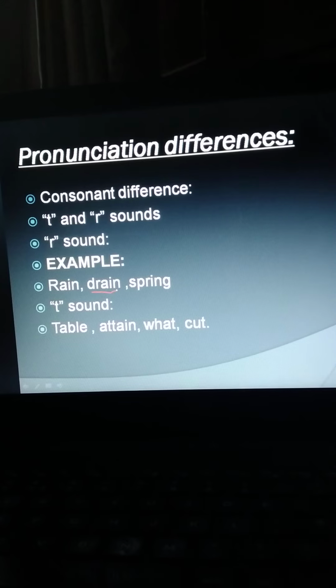Now whenever the letter R comes in the middle position of a word, in a monosyllabic word, meaning having one syllable, or after a vowel in British English, the British tend to drop the R sound.